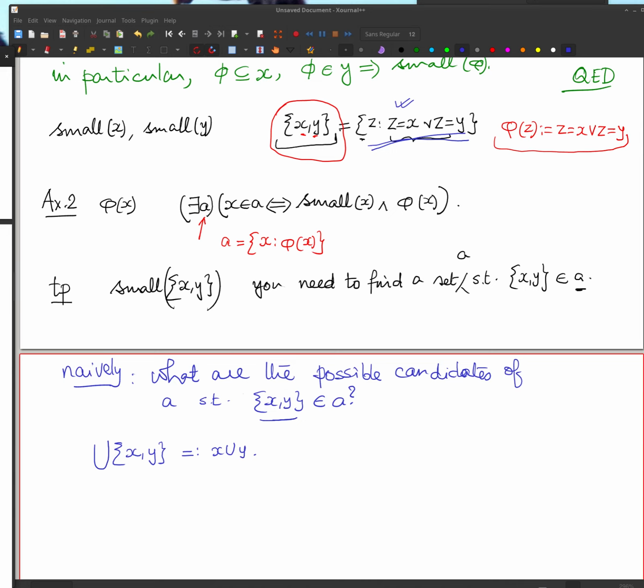X union Y is the union of {X, Y}, right? So I have established this notation.